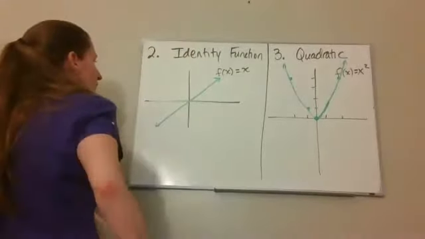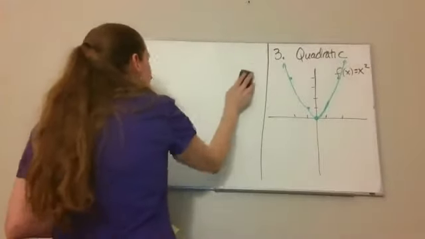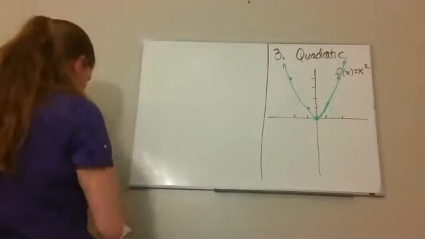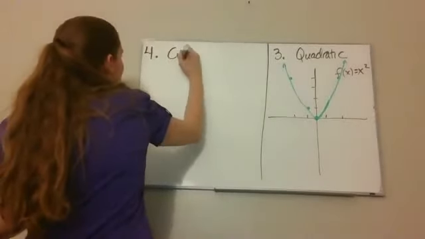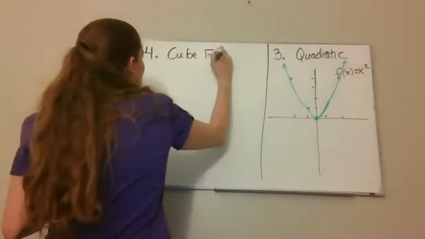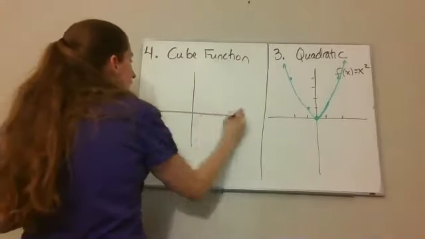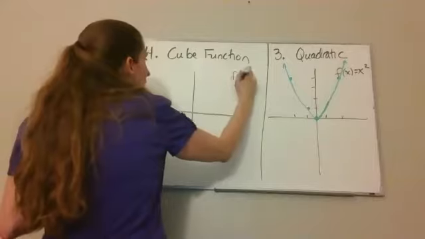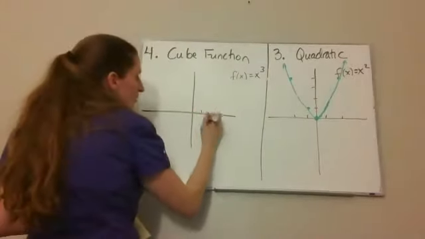Our fourth type to learn about is the cube function, which is f of x equals x to the 3rd power, or x cubed.